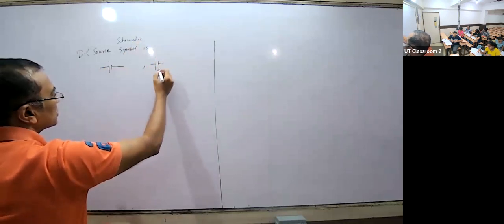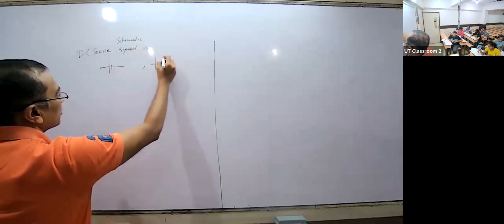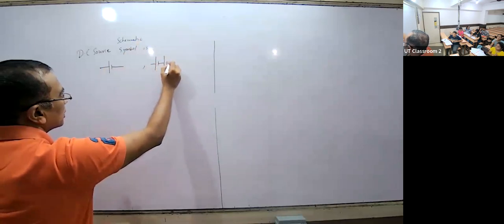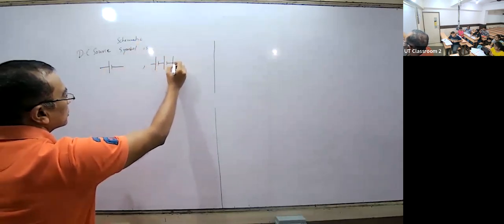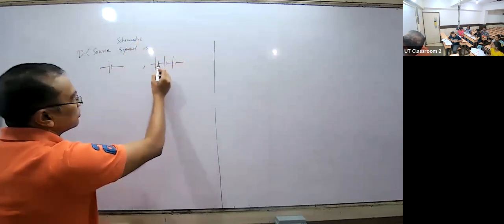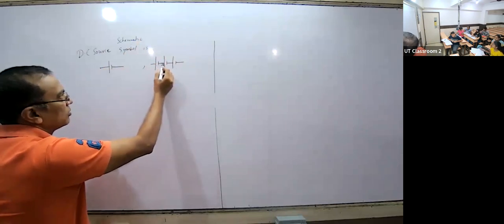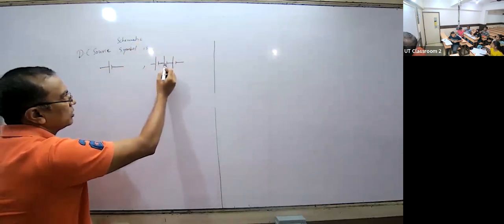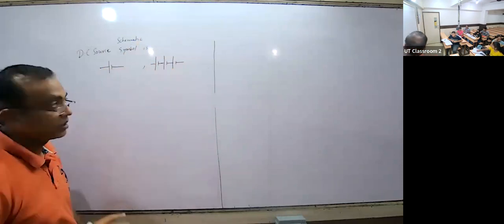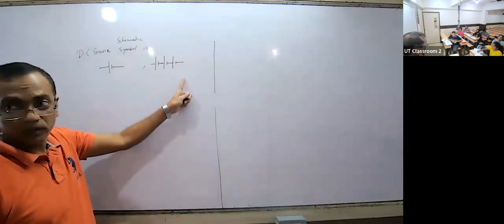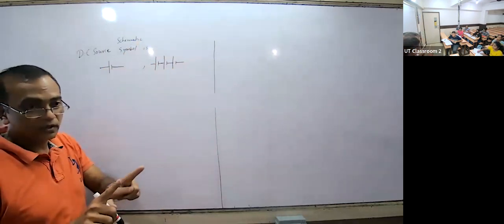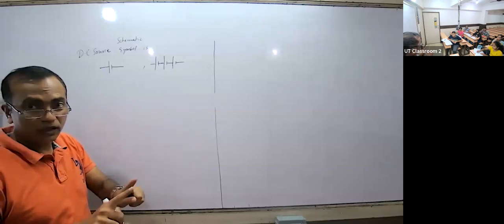So two cells. Now you connect one more cell, like this. Right? A small and a big line will be connected. Don't connect big and big, or small and small together. Always there will be a connection between a small and a big.